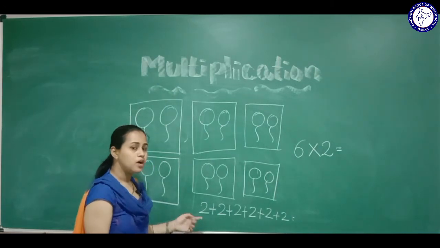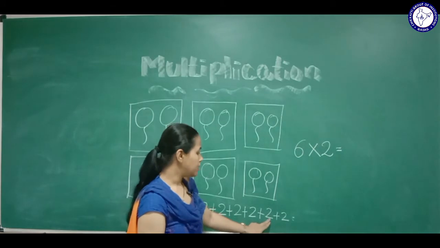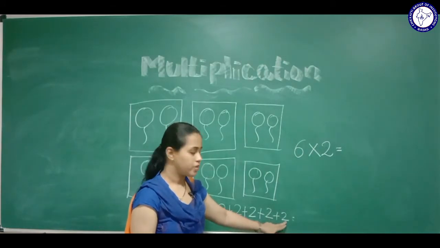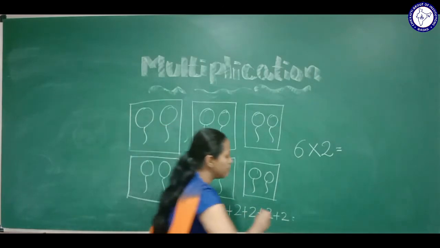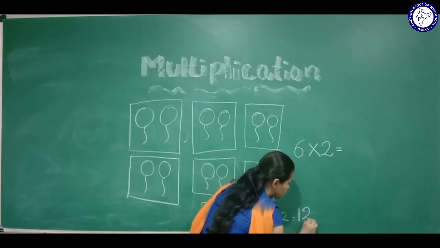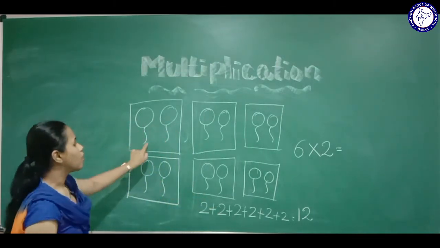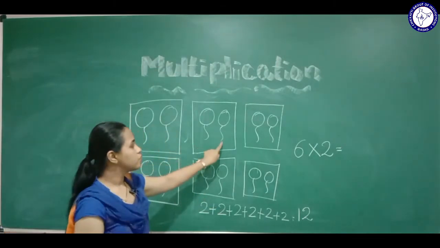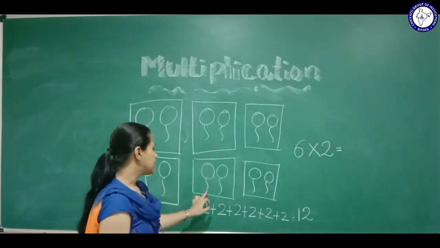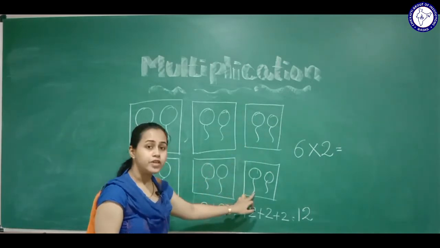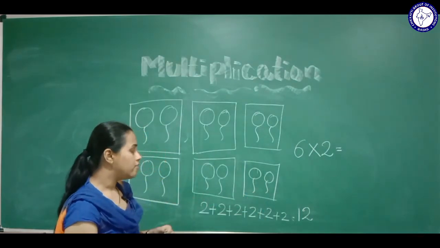Let's count: 2 plus 2 plus 2 plus 2 plus 2 plus 2. So in total we have 12 balloons. Can we count? 1, 2, 3, 4, 5, 6, 7, 8, 9, 10, 11, 12. So we have 12 balloons.